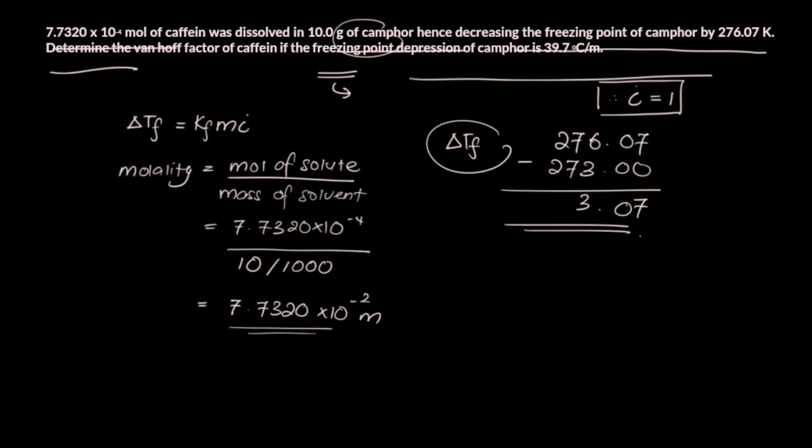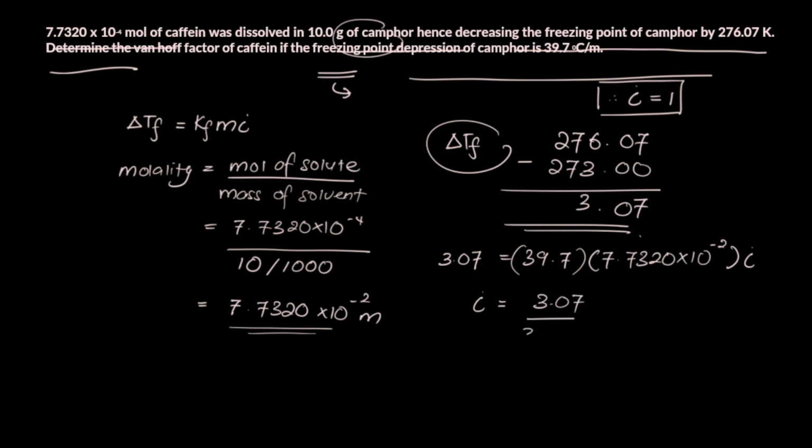Now we just plug in this value: 3.07, your Kf is 39.7, your molality is 7.7320 times 10 to the power of negative 2, and this is your Van't Hoff factor. Basically your Van't Hoff factor is equivalent to 3.07 divided by 3.0696. Therefore your Van't Hoff factor should be equivalent to 1. So this is the final answer for your sixth question.